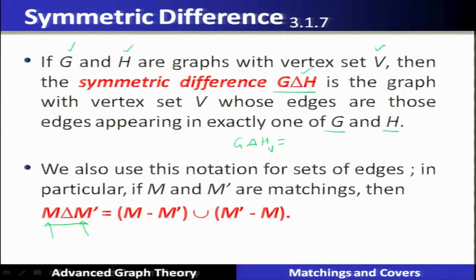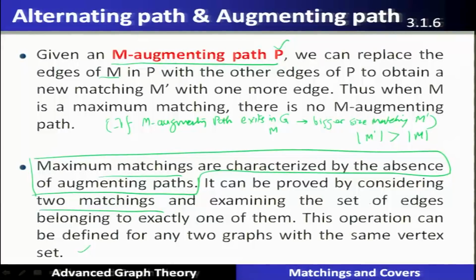So, M symmetric difference M prime will be M minus M prime, that means the edges in M but not in M prime, union the edges in M prime not in M. So, the edges which are common to both M and M prime are excluded. Having defined symmetric difference, let us see how we can use it to characterize the maximum matching.